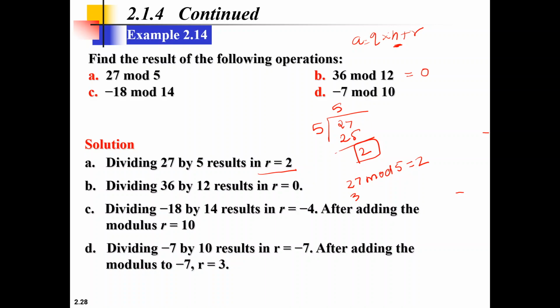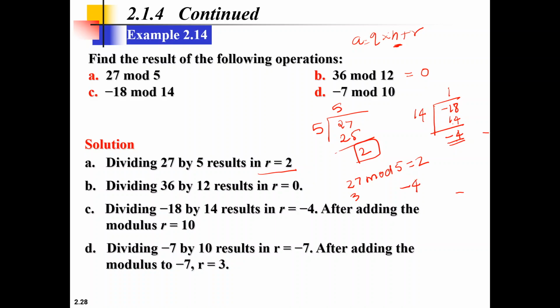Now look at this equation, because my A is negative: minus 18 mod 14. When I divide minus 18 by 14, I get a remainder which is a negative number, minus 4. If you remember the condition given to us, R should always be a non-negative number. So how do you convert this negative number into a positive?